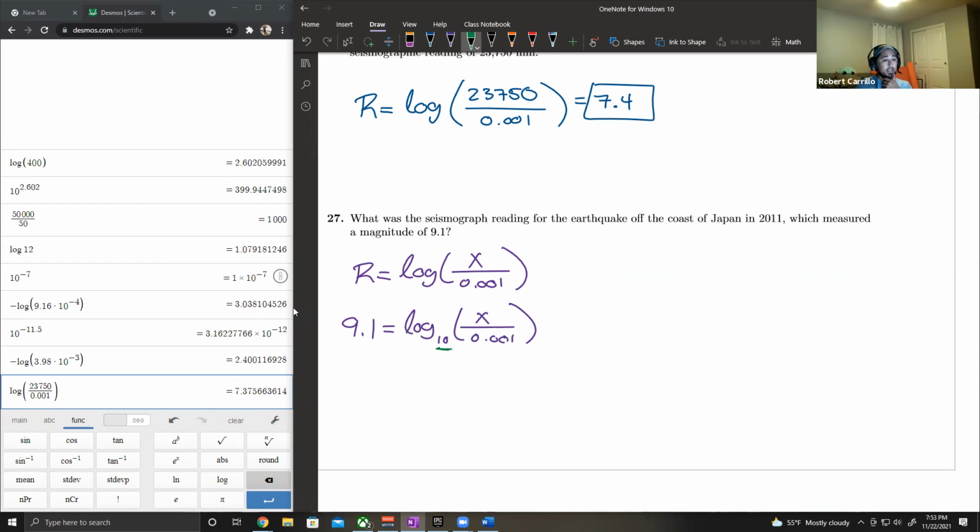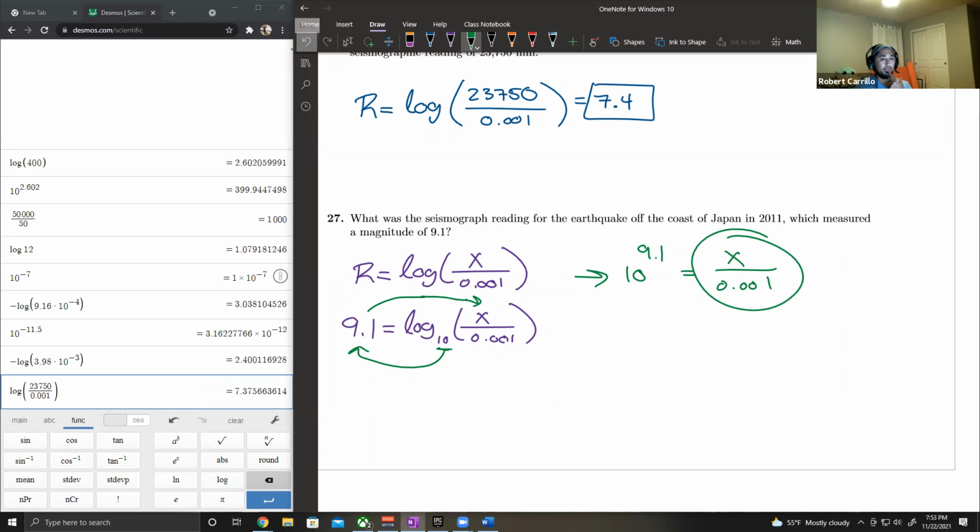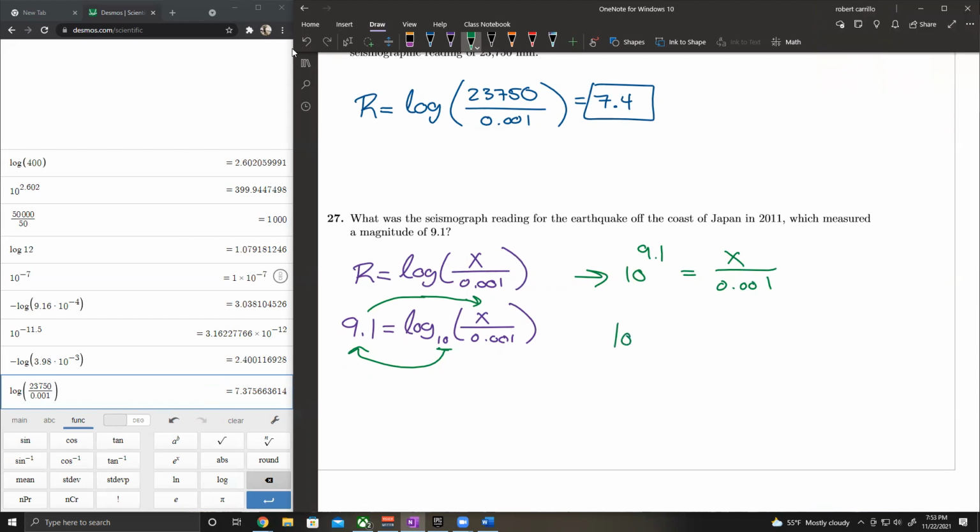So we'll say base 10 raised to the 9.1. So 10 to the 9.1 set equal to the inside of the log, x over 0.001. Okay, now we want to solve for x. And in order to solve for x, what would I multiply to the left side? 0.001.